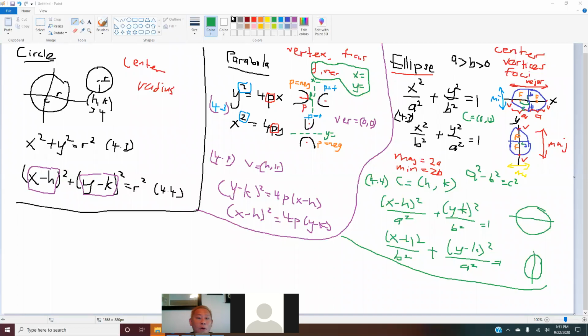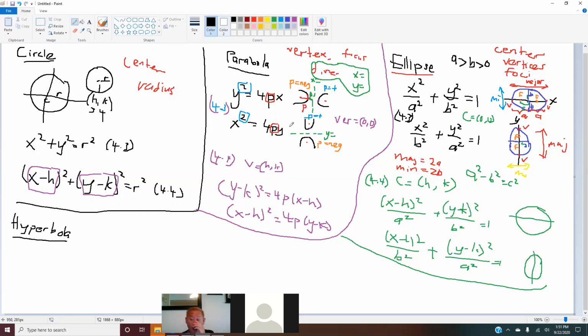Then we have one more conic section left, which is called a hyperbola. A hyperbola is actually two parabolas, like this. A hyperbola can go sideways, and with a parabola last time you only had one left or one right, but for a hyperbola you get both left and right, or it can go both ways up and down.